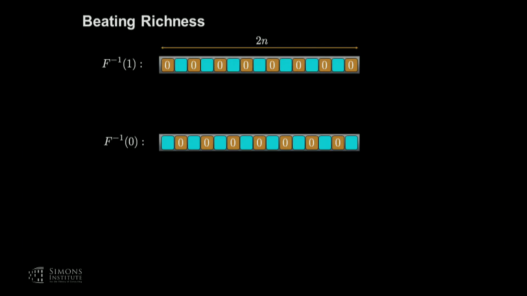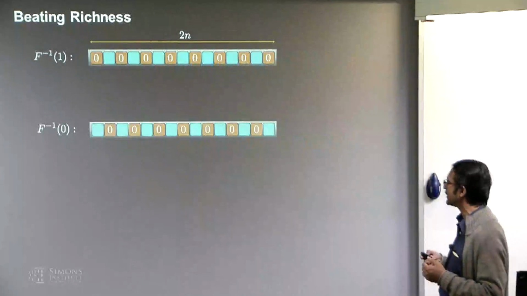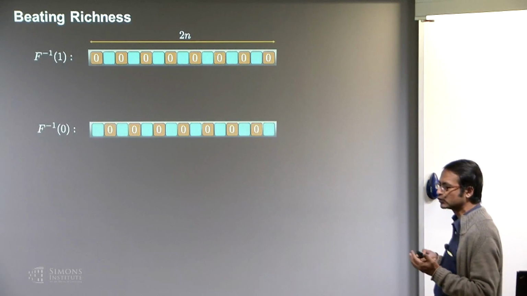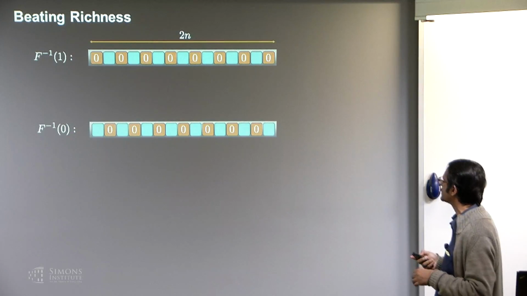Here's a function which will have large deterministic complexity but not randomized complexity, and therefore, because of the fact that I said before, richness cannot be used as it is to prove this bound.